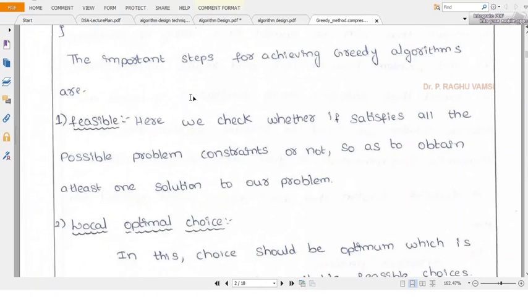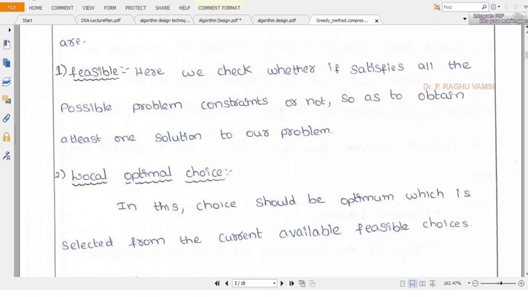So the important steps for achieving a greedy algorithm: the first one is feasibility. Here we check whether it satisfies all the possible problem constraints or not, so as to obtain at least one solution to our problem.